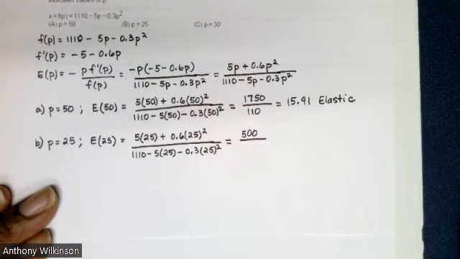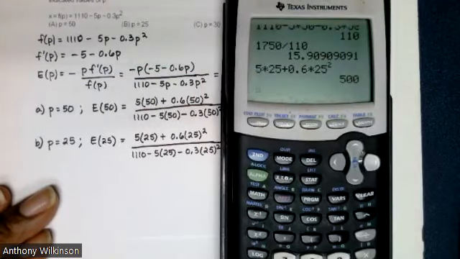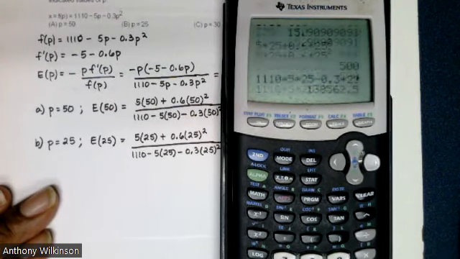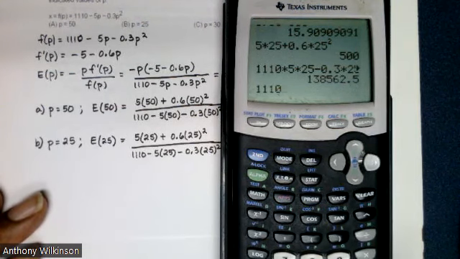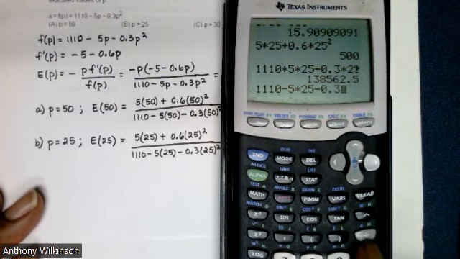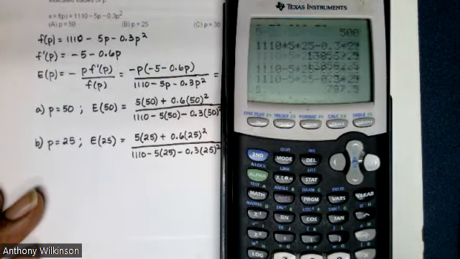The denominator will be 1110 minus 5 times 25 minus 0.3 times 25, and that's going to be squared. Correction, I'm sorry, that should be a minus 5 times 25, and then minus 0.3 times 25 squared.